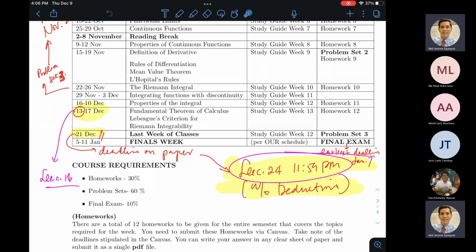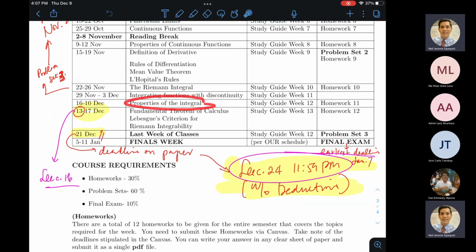And I guess we are now on the last hurrah for Math 155. We were talking about integration or the generalization of the concept of integrals for at least the set of real numbers or over subsets of R. So we already talked about the Riemann integral, but there are certain other topics left. Ngayon, papahapyawan natin yung integrating functions with discontinuity, but I think you already know how to do it from Math 36, so just formalize things.